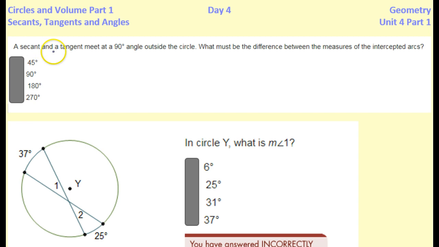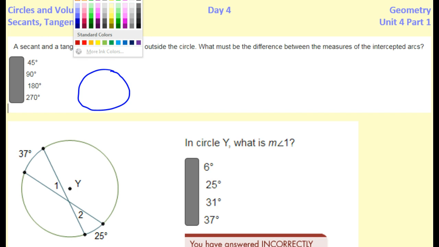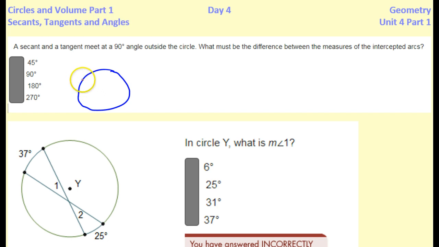A secant and a tangent meet at a 90 degree angle outside the circle. So here's a circle. There's a lot of vocabulary in there. A secant is a line that goes through the circle like this.